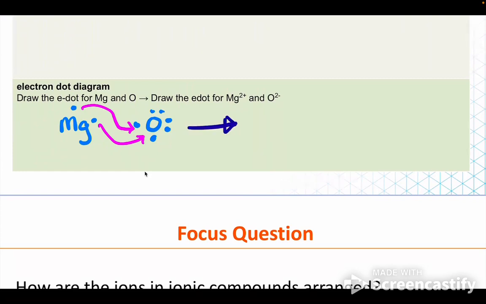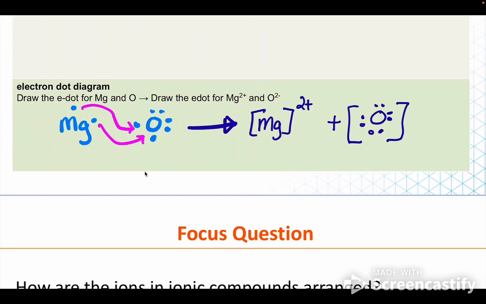What happens is now I have the magnesium ion. I'm going to put that +2 charge on the outside. And now I have the oxygen. And this time, I'm not using the noble gases like I did in the previous. I'm just showing that oxygen had gained those 2 and ended up with 8, which makes it -2.